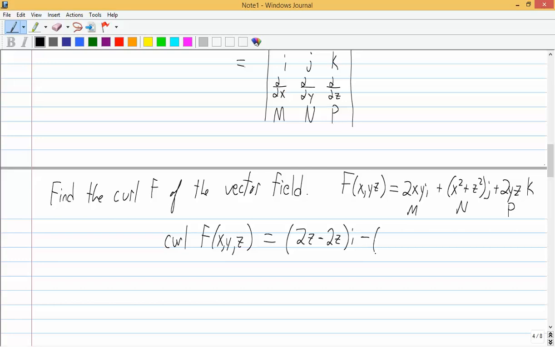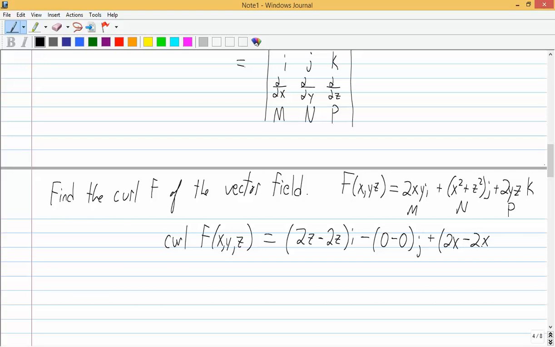So that's going to be 2z times i, minus the partial of P with respect to x. That's going to be 0, minus the partial of M with respect to z. That's going to be 0 times j, plus the partial of N with respect to x. That's going to be 2x, minus the partial of M with respect to y.